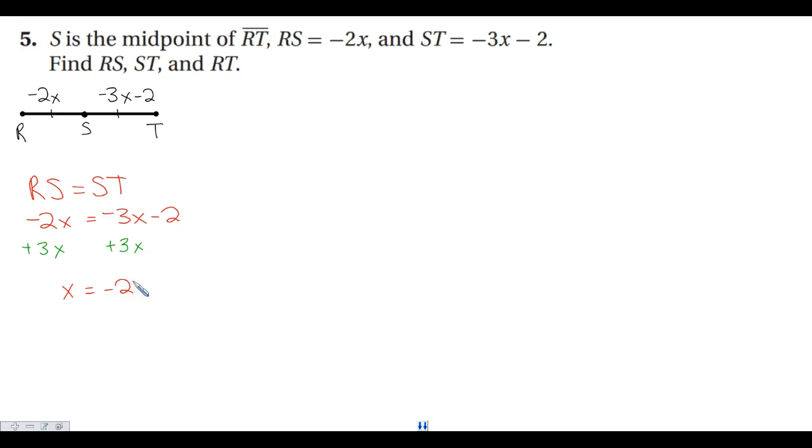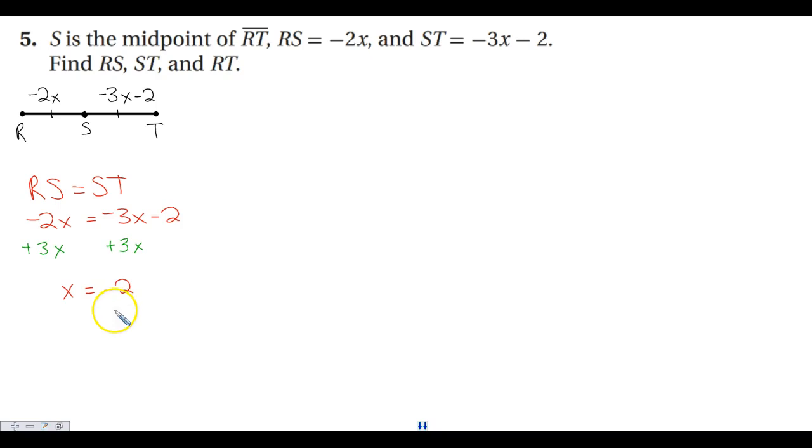All right, so again, we want to check and see, are we finding x, or no, we're finding several lengths. Now, one thing that I want to caution you is that normally a negative answer should throw a red flag for you.